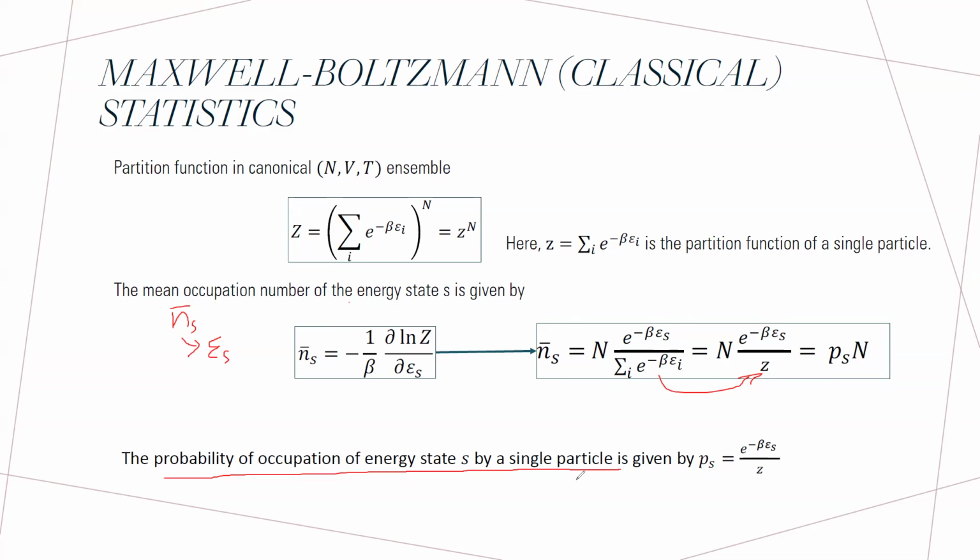So it gives us the possibility of occupying some energy state by a single particle. It is denoted by P_s, and it is equal to exponential of minus beta epsilon s over Z.